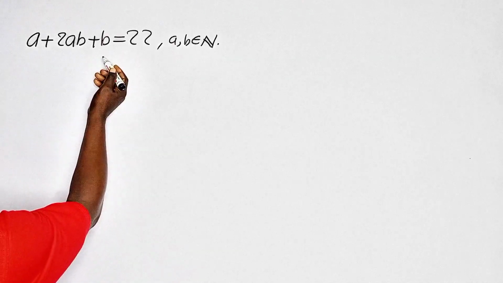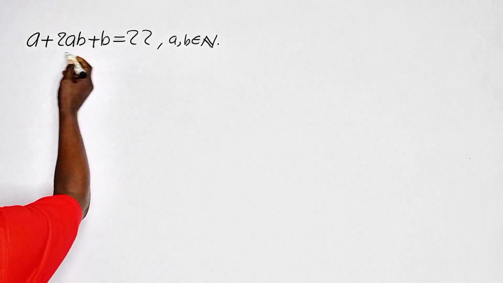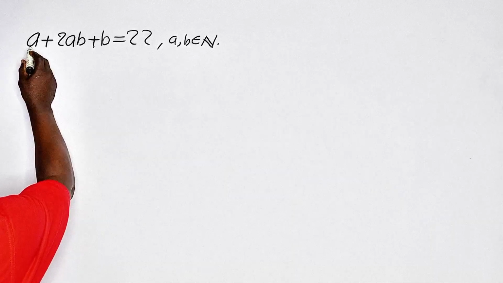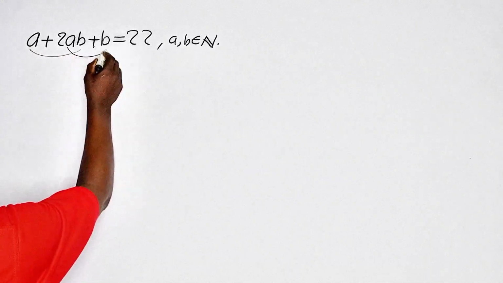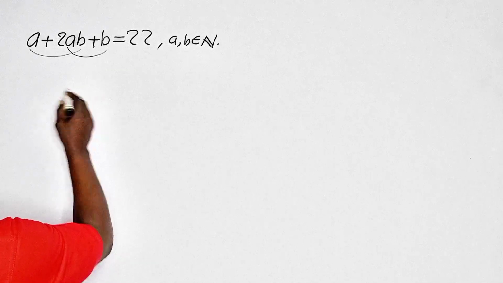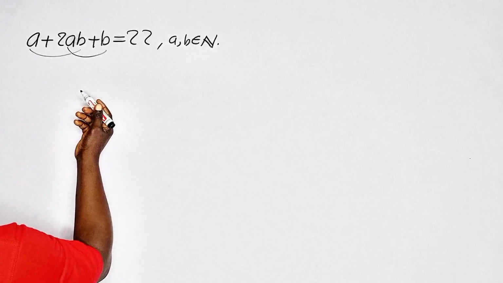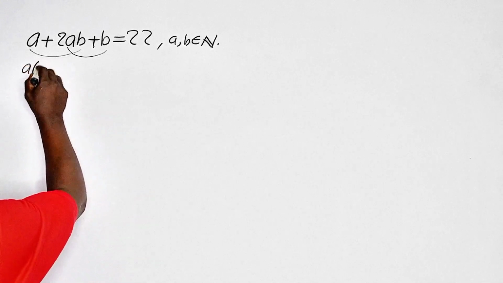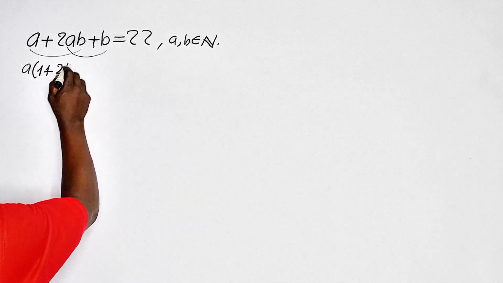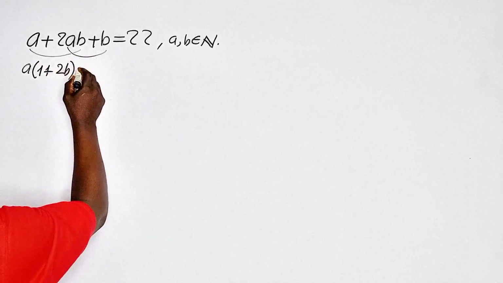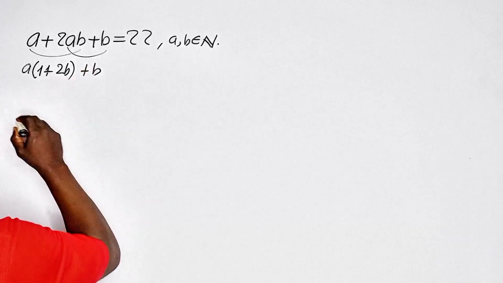If we try to factorize it the way it is, taking the first two terms, we have a common. Taking the next two terms, we have b common. But there's no way forward, because if we take out a, we have a into 1 plus 2b, and we're left with plus b.